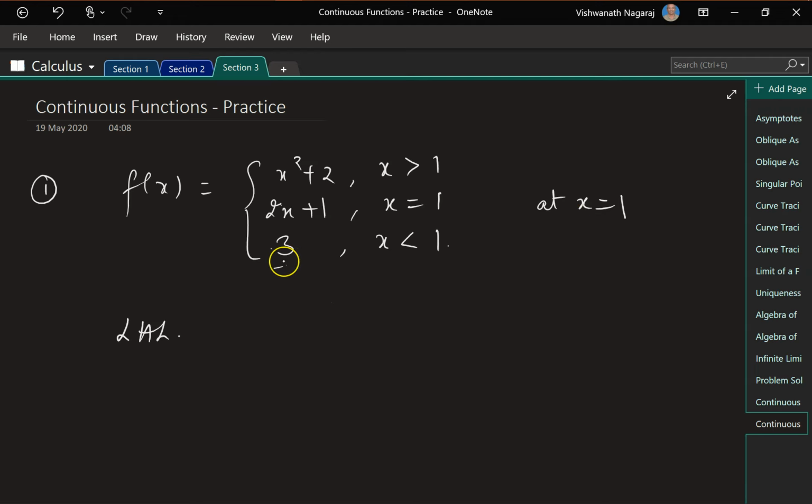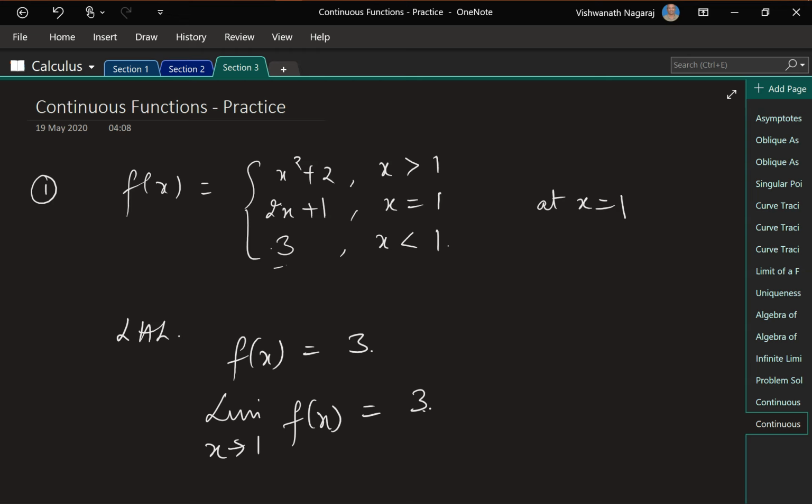Less than 1 is 3, so our function would be f of x equal to 3. So limit as x approaches 1 of f of x is going to be equal to 3 itself.